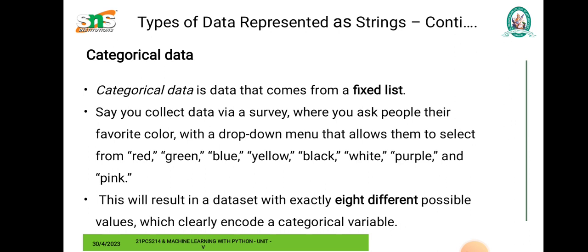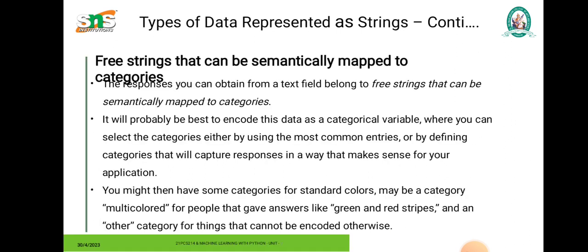For example, you can collect data via a survey, where you can ask people their favorite colors with a drop down menu that allows them to select from red, green, blue, yellow, black, white, purple and pink. So we exactly know it consists of only 8 different possibilities. Likewise, if we know the fixed values, then it is called as categorical data.